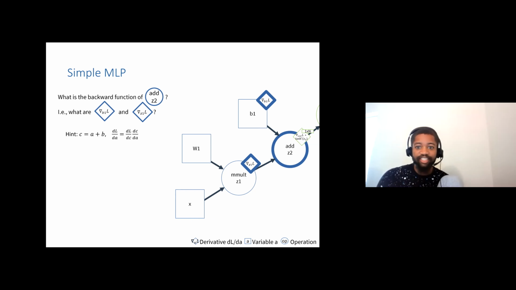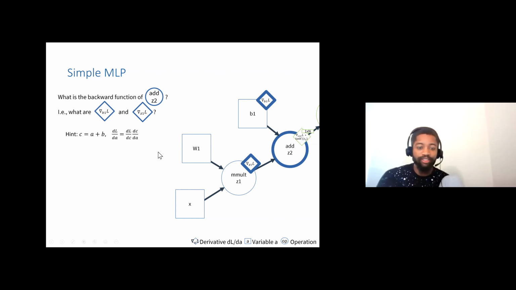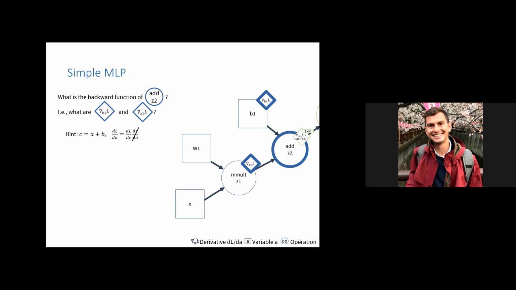All right, any takers for what the backward function of add is? We've gone over this a bunch of times already. Just pass back the gradient as is. Yeah, the gradient just gets passed backwards, since this term gets canceled out.